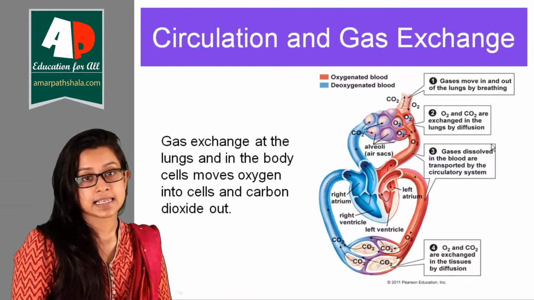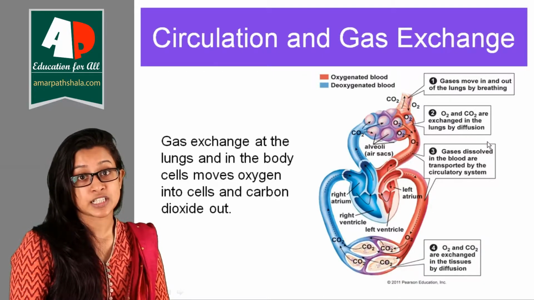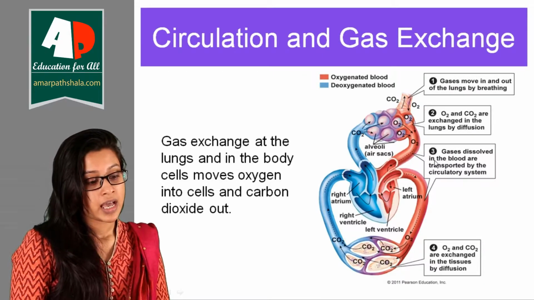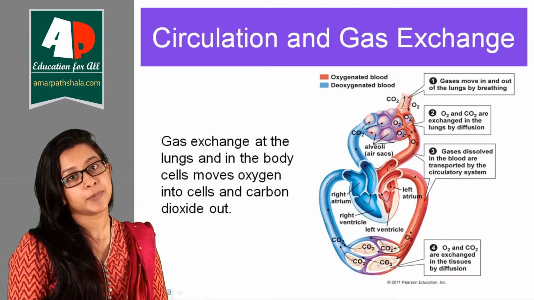And then gases that are dissolved in the blood, that is oxygen that is dissolved in the blood, are transported by the circulatory system. How does that happen?